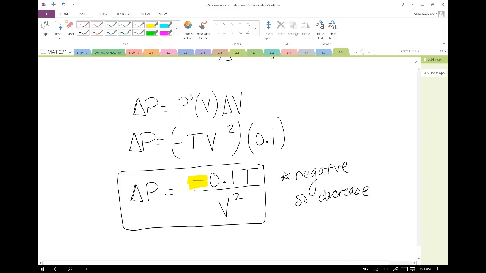So we gave our steam more room to move, and that released some of the pressure on it. So we gave it more volume, a larger space to move around in, and that relieved some of the pressure.